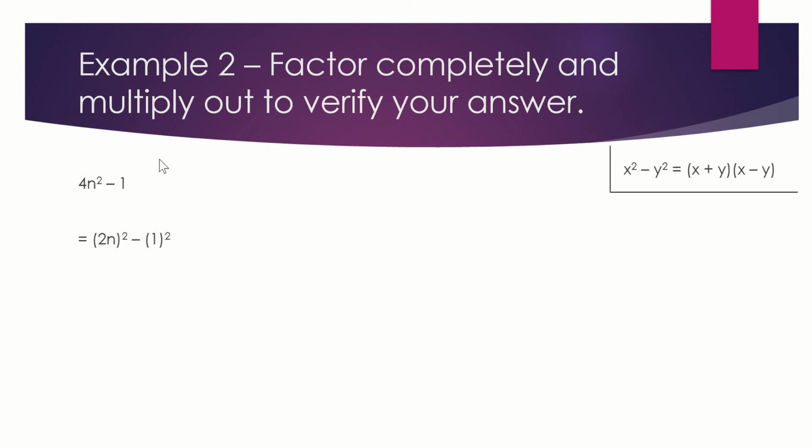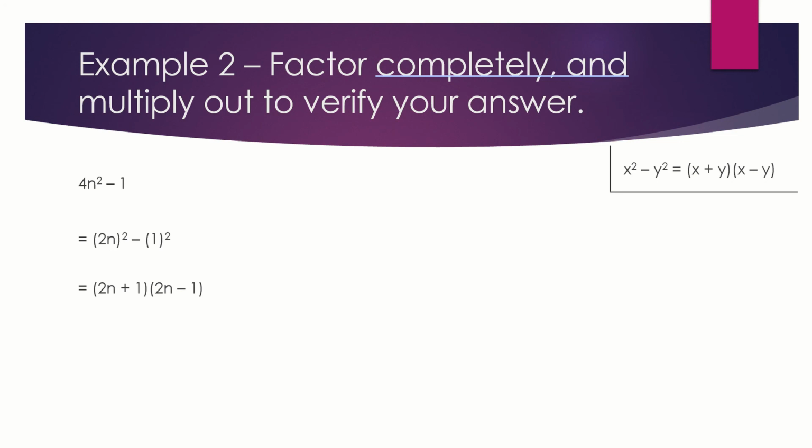So the purpose of this first step is to write it as a difference of two squares, okay? So the first term, let's call it x, is going to be 2n. That's going to be this x right here. And the second term, y, is going to be just 1. So we can just use this formula right here to factor it out. So that's going to end up being 2n plus 1 and 2n minus 1.